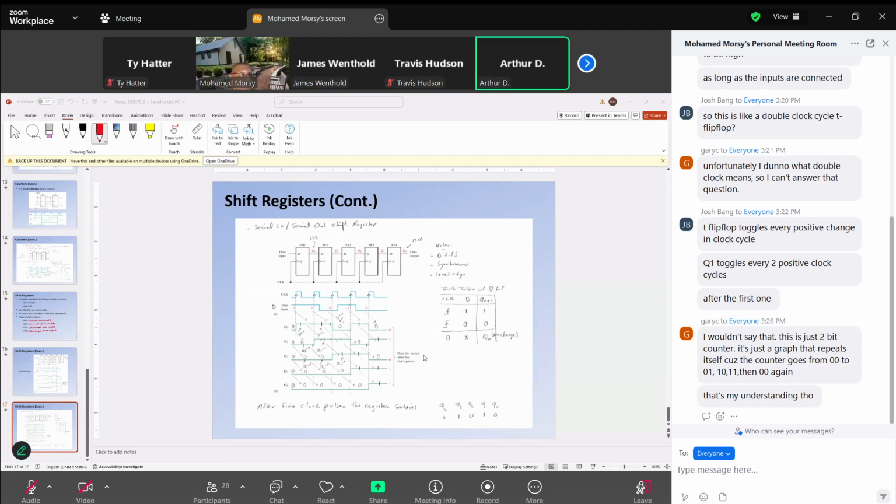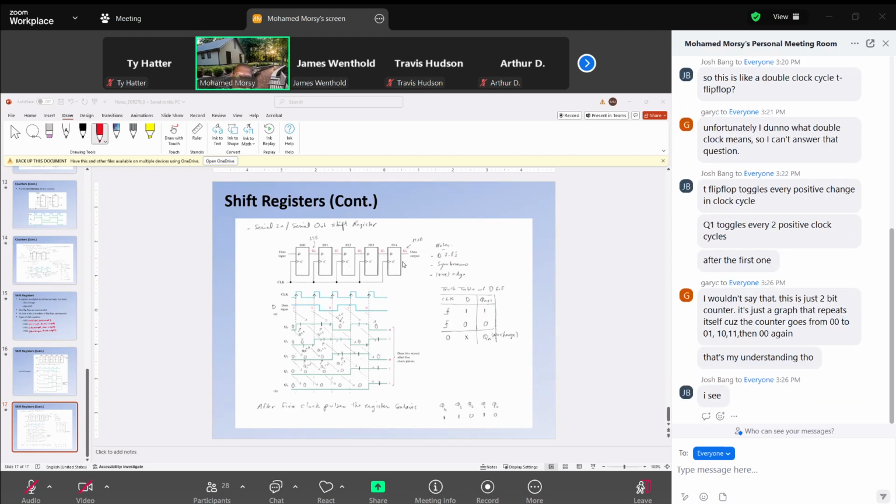It looks like D flip-flops. Exactly, D flip-flop. We can see D here. This is the symbol for D flip-flop. And of course, we have clock pulses applied to all flip-flops simultaneously.